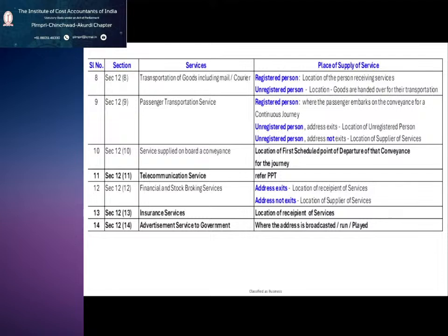So what is the meaning of stopover? A place where a passenger can disembark either to transfer to another conveyance or break his journey for a certain period of time, in order to resume it at a later point of time.